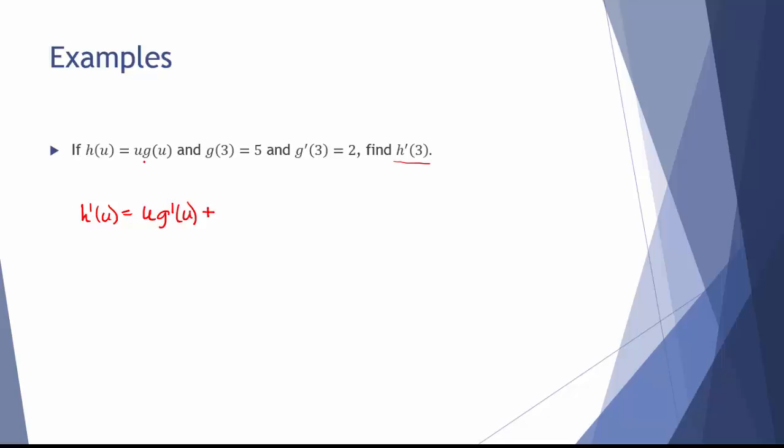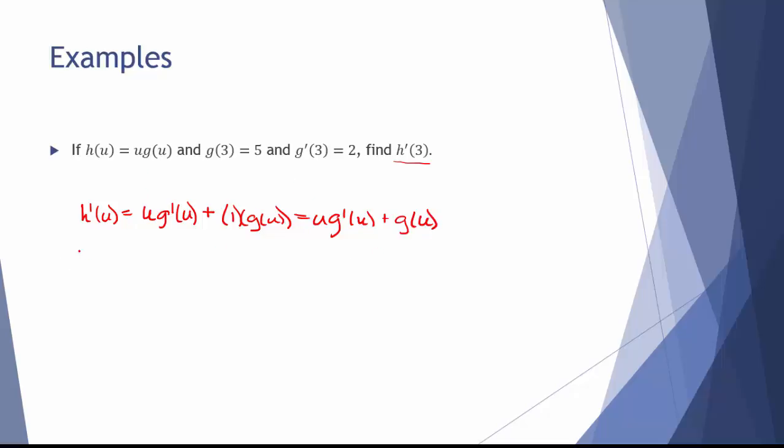Plus, what's the derivative of u with respect to u? It's 1 times g of u. So in other words, this is u g prime of u plus g of u. That's the derivative of h with respect to u.